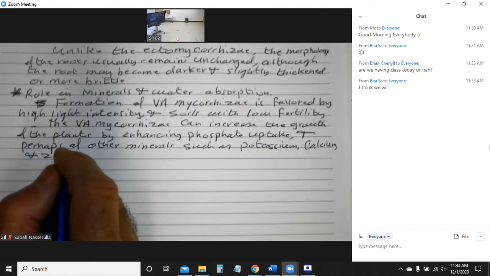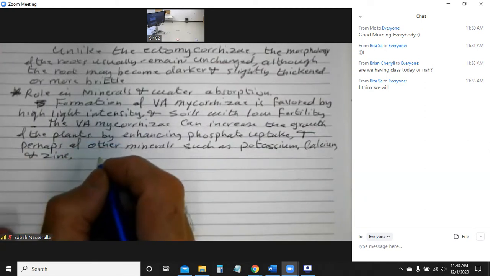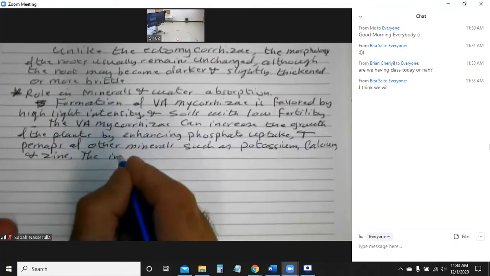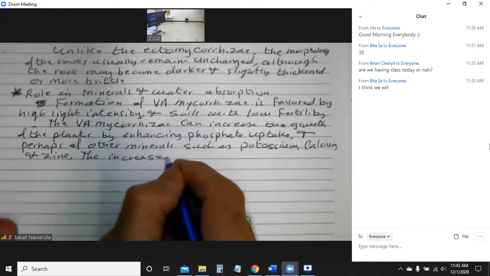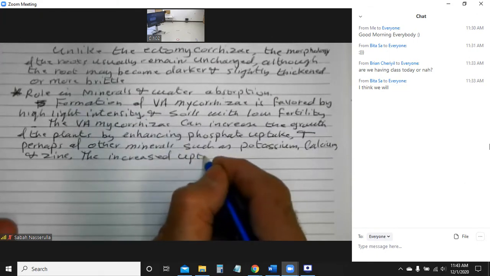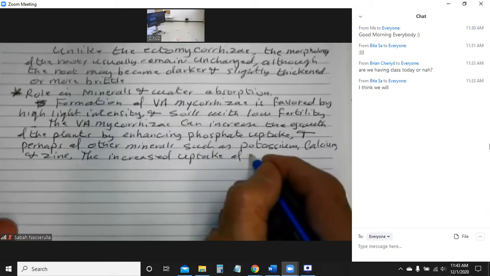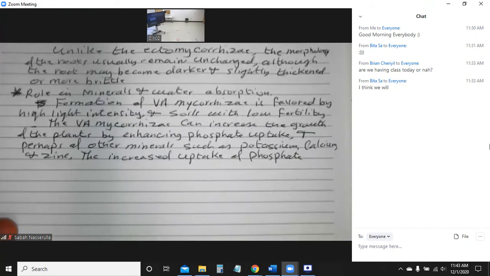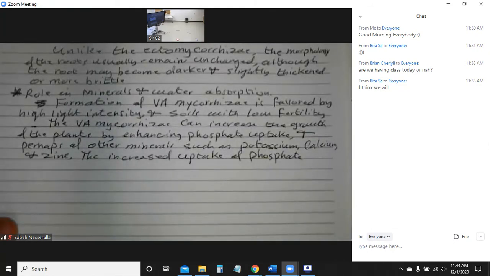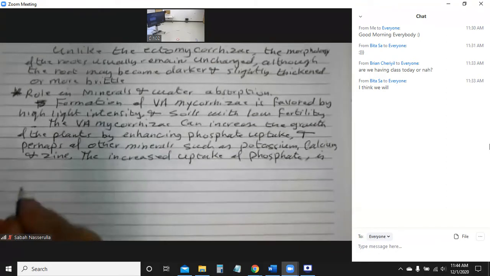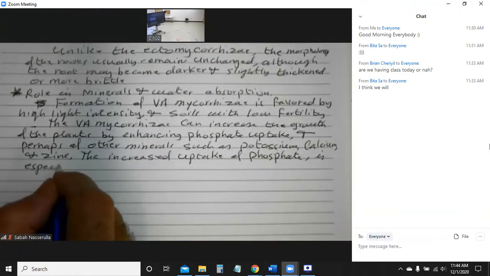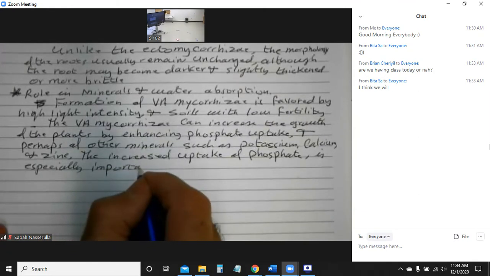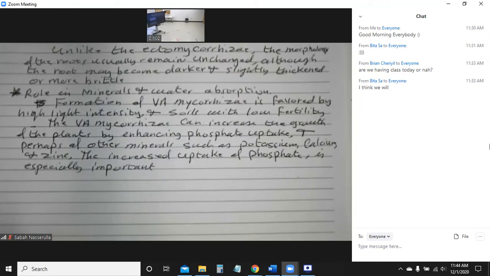The increased uptake of phosphate is especially important in a plant growing in a poor soil.